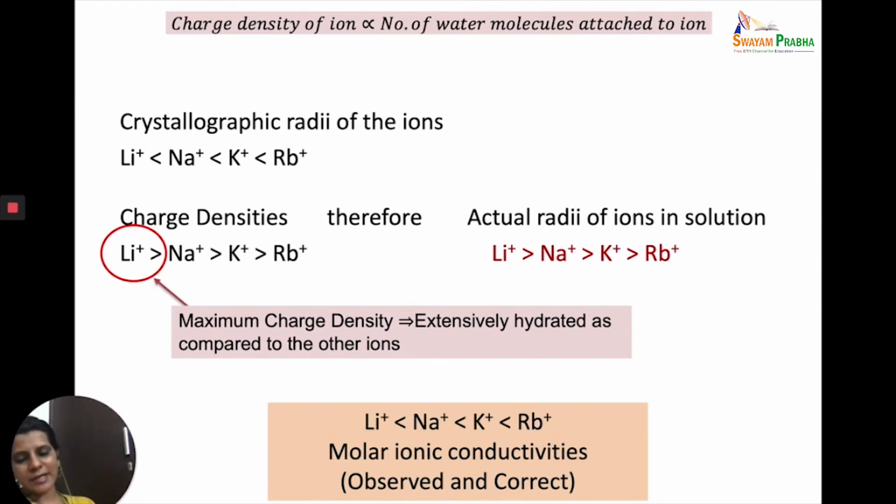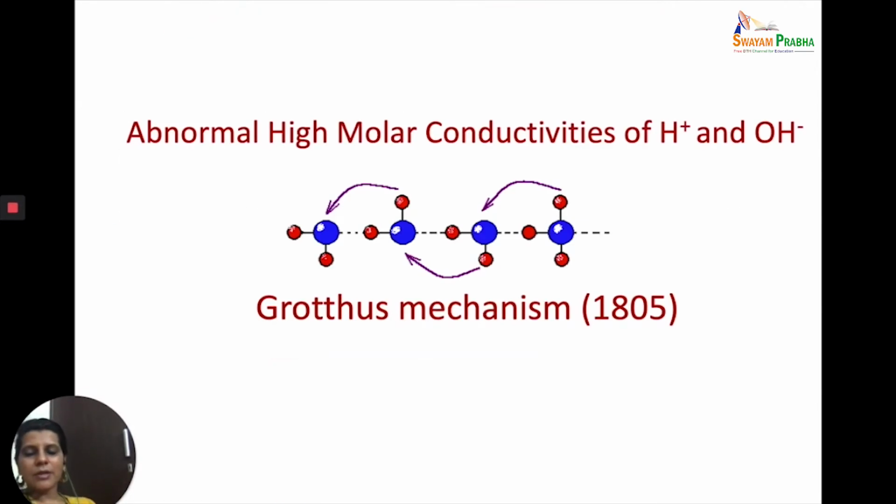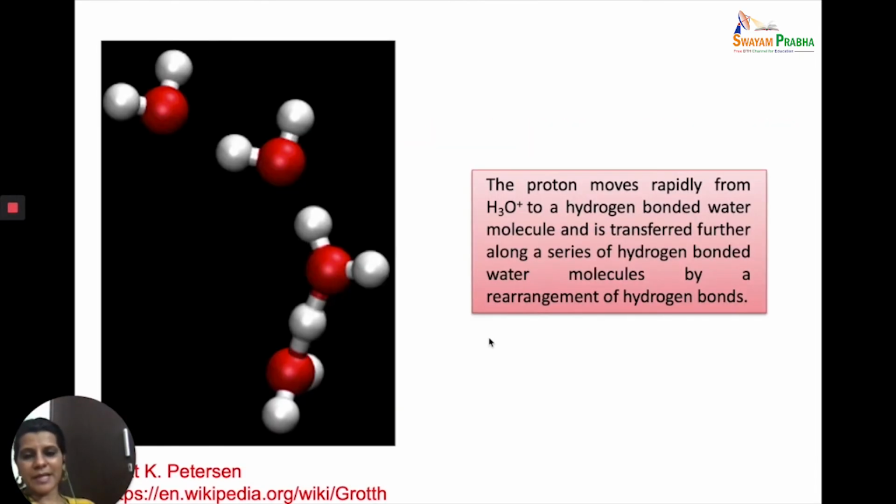Now let's look at the abnormally high values of molar conductivities that we were seeing for H+ and OH- ions. We saw that H+ and OH- have values which were 10 times or 5 times more than the other ions. This was explained by von Grotthuss, and that is why it is called the Grotthuss mechanism.